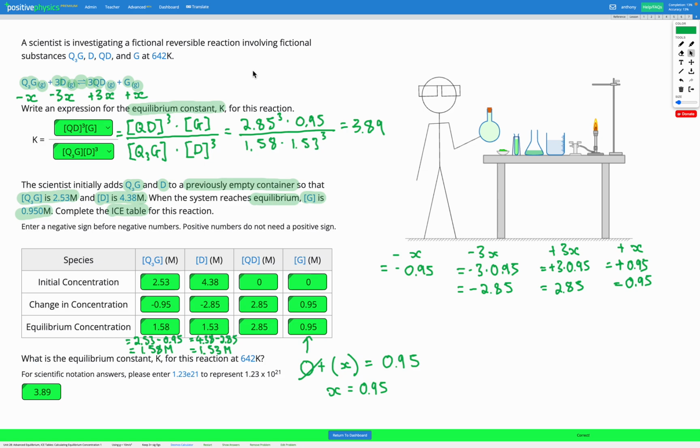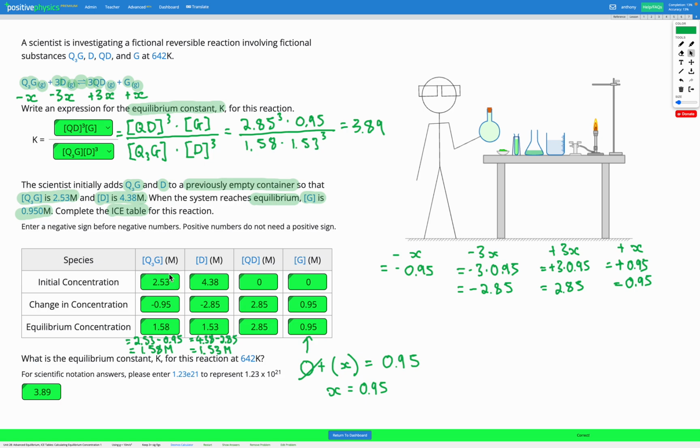Okay, so in these questions, we're starting out by writing the expression for the equilibrium constant for the equation that's given. Next, we're using the given information to fill out our ICE table with our known variables. We're then writing expressions for the change in concentration of each of our substances using the chemical equation and the coefficients of each compound to do that.